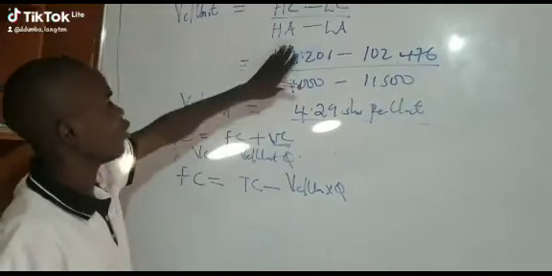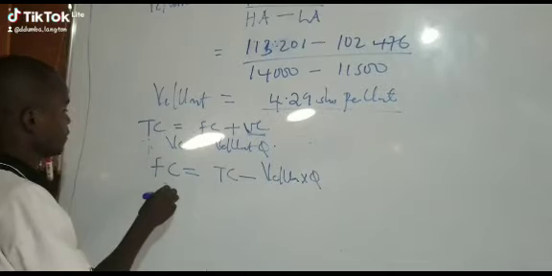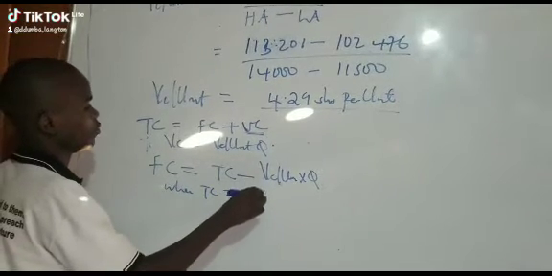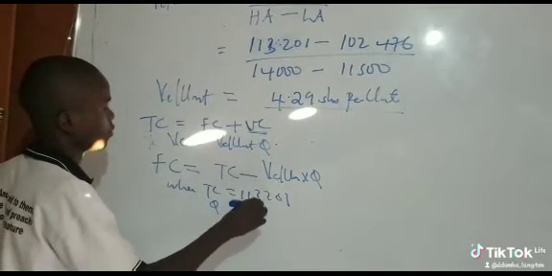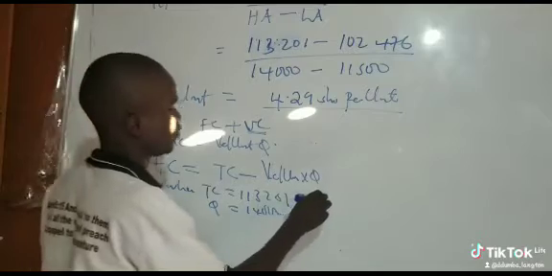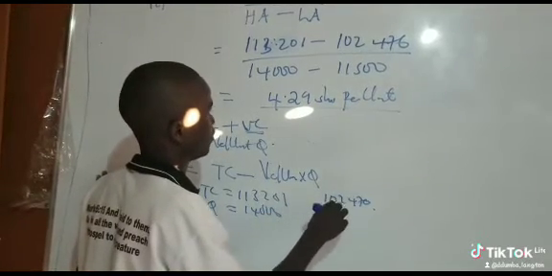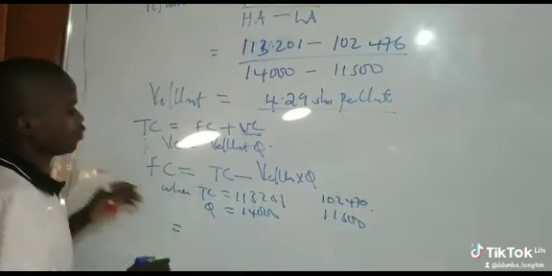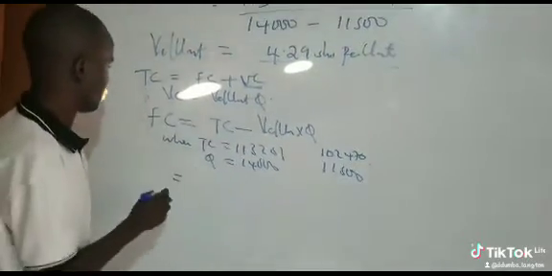Now, I can choose any of your choices; it is acceptable. When total cost equals 113,201, our quantity was 1,500, and when total cost equals 102,476, our quantity is 1,400. Therefore, you can choose to use any. Let me take the first one.